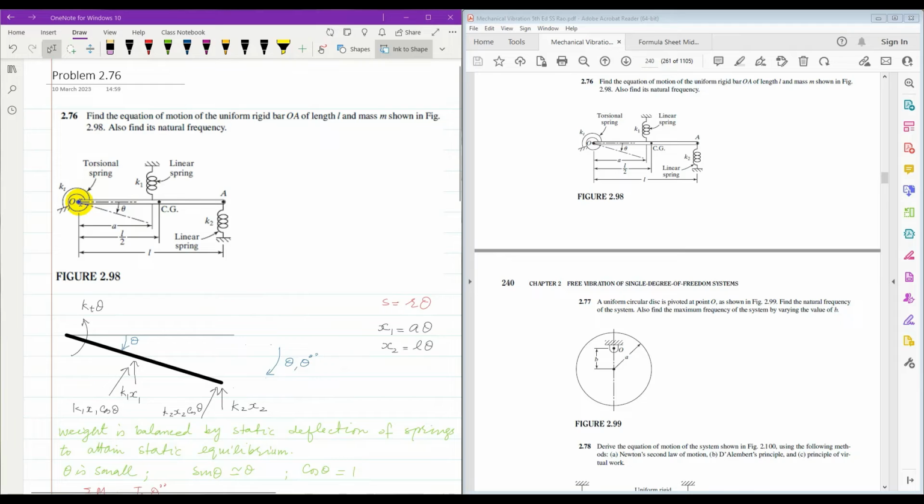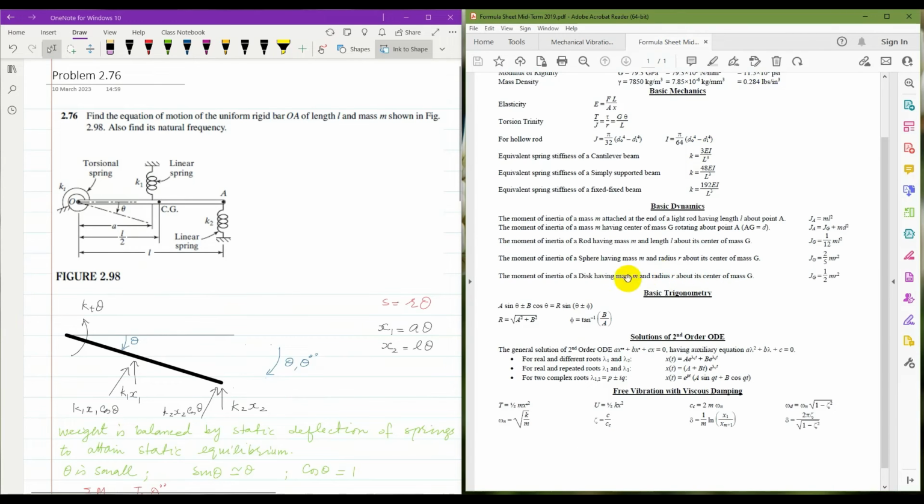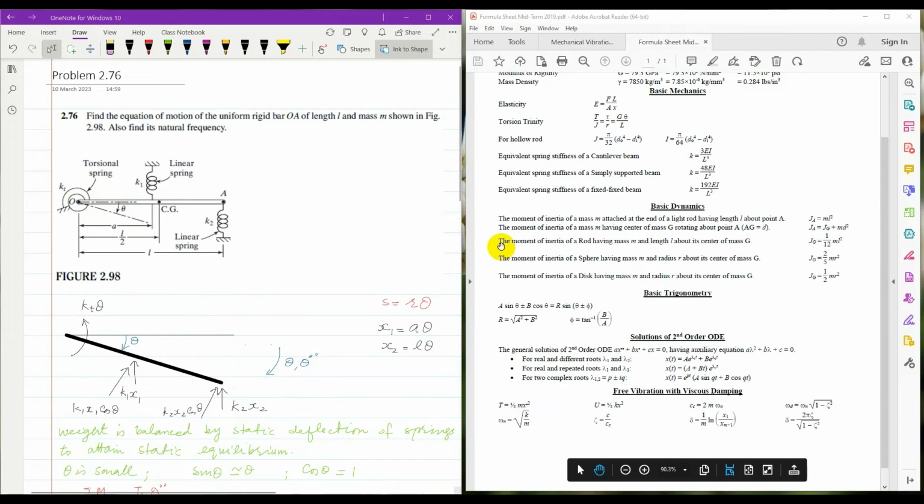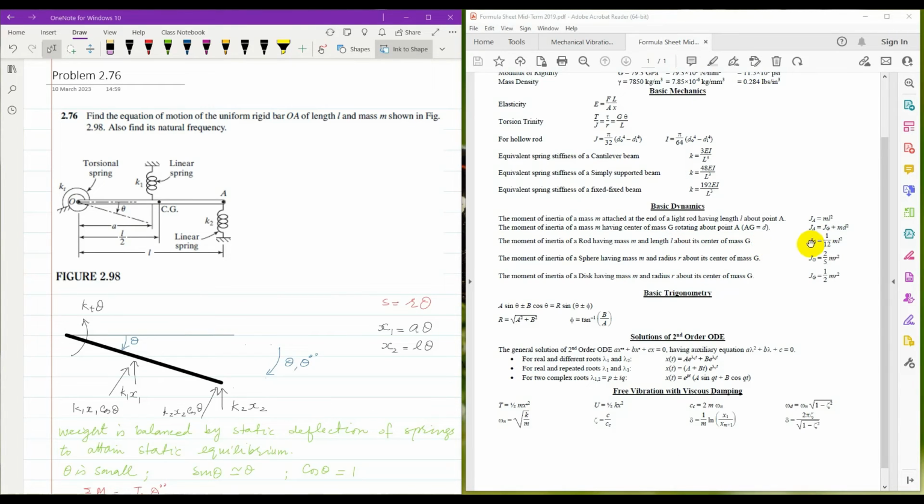This rod is rotating about point O. The moment of inertia of a rod having mass m and length L about its center of mass G is J_G equals 1 over 12 m L squared, but it is not rotating about its center of mass. The moment of inertia of mass m having center of mass G and rotating about a point O, where OG is equal to d, is J_O equals J_G plus m d squared.